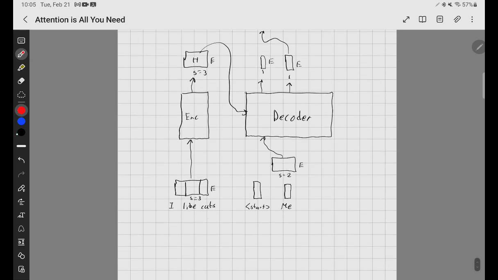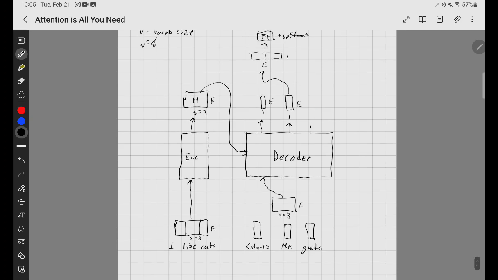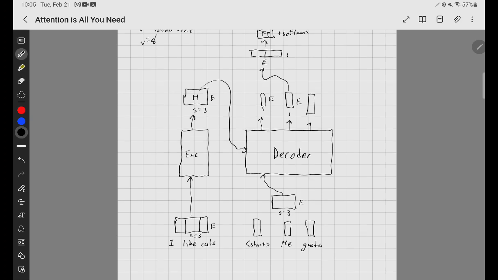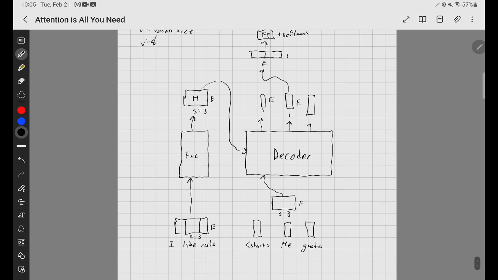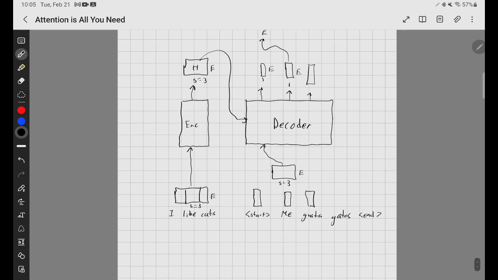And then we throw that back in, gusta, and that's a new vector. So now S is equal to 3, so it's a 3 by E matrix. We throw it through the decoder, we get another vector output. And we keep doing this, so we will get gatos, and then we'll get the end token, signifying the end of the sequence.